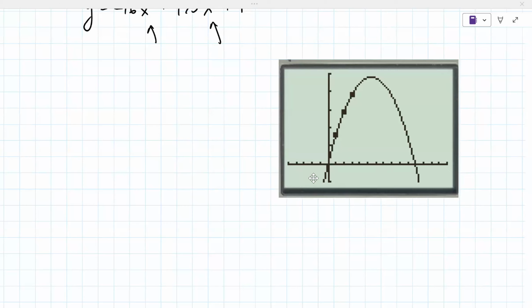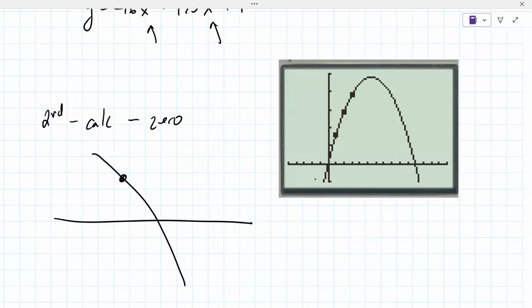If this is the x-axis, this is where your left bound is, this is where your right bound is, and this is where your guess is. If the graph is coming down like this, left of it means, in this case, above, even though it doesn't have to be, and right bound is below.